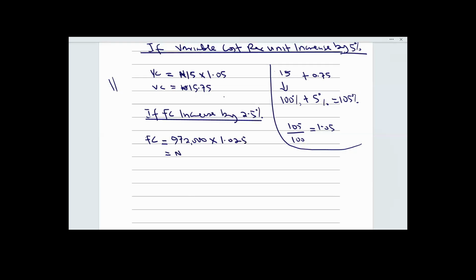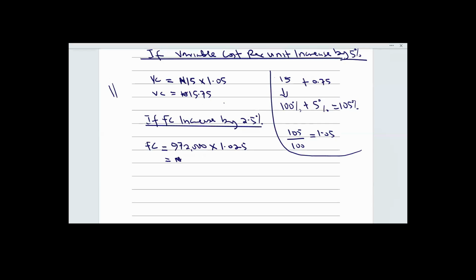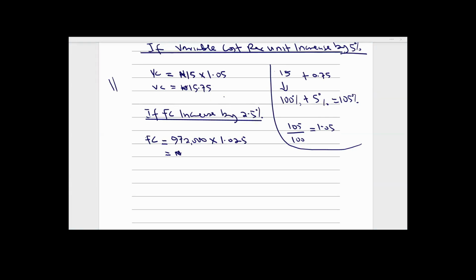So the revised fixed cost would be 972,000 multiplied by 1.025 equal 996,300 naira. So that's the revised fixed cost.